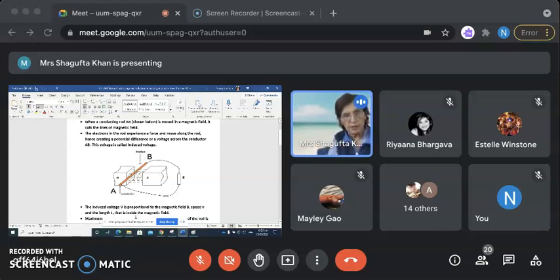If it is coming towards you, that means the induced voltage, and we're talking about the conventional current, will be from B to A. So therefore, this end will be positive and this end will become negative. Let me check my answers if I've used my hand correctly.